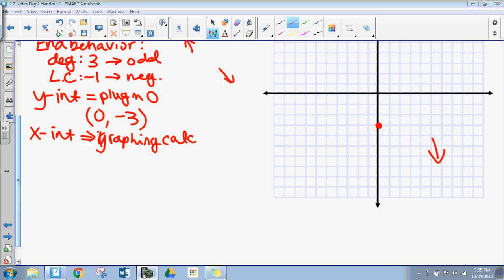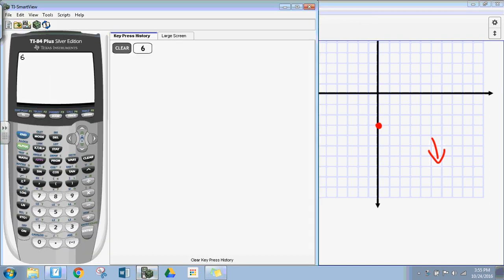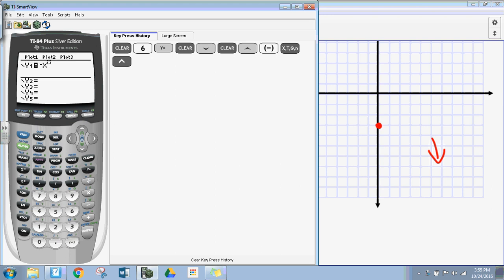So we're going to go to our graphing calculator now and hit our y equals button, clear out any functions that we have in there, and we're going to plug in that function. So we have -x to the third plus x squared plus 3x minus 3.